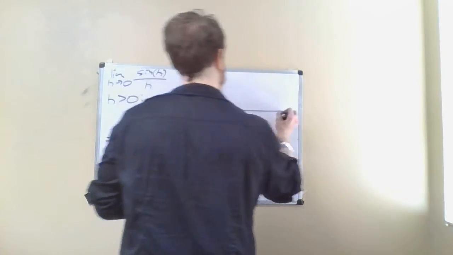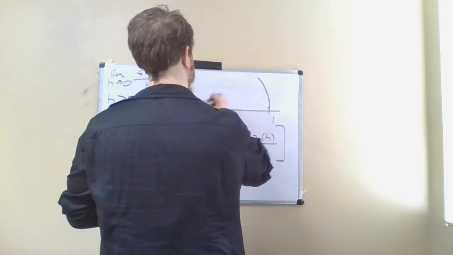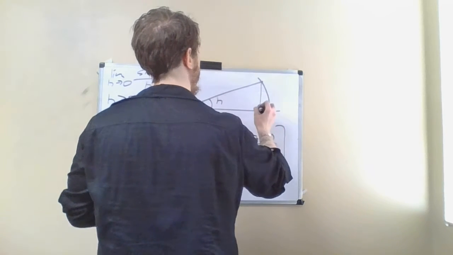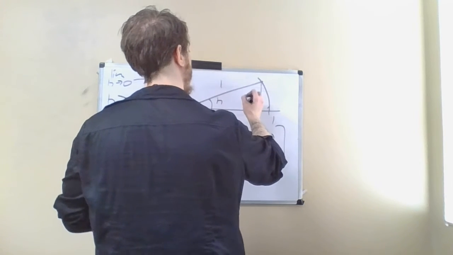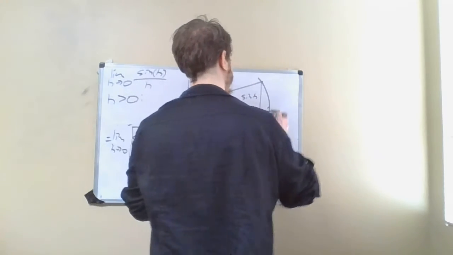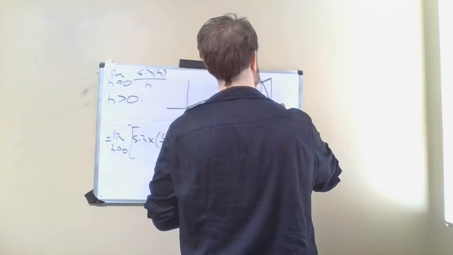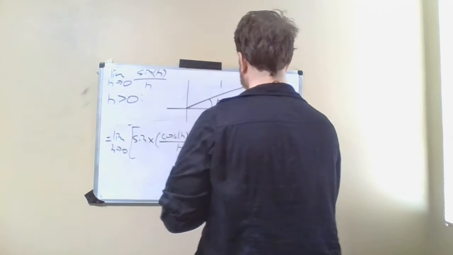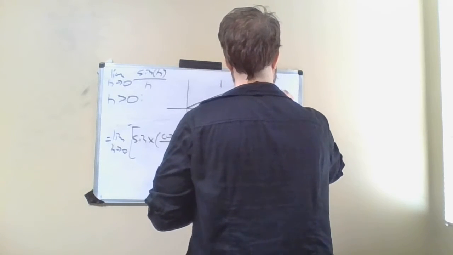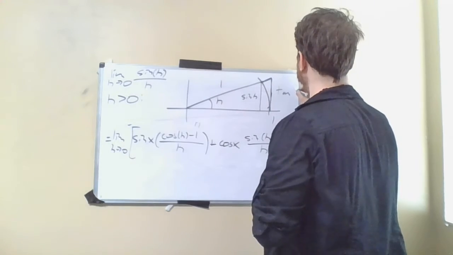So let's think about the unit circle here. And we will think about an angle of h. We will think about this triangle, which has a height of sine h. And then we will also think about this triangle here, which has a bottom length of 1 and a height here of tangent of h.